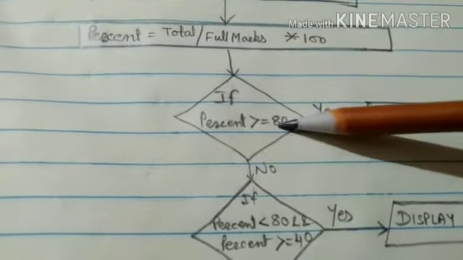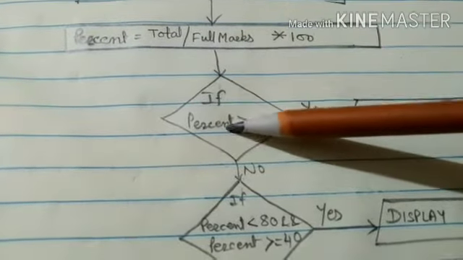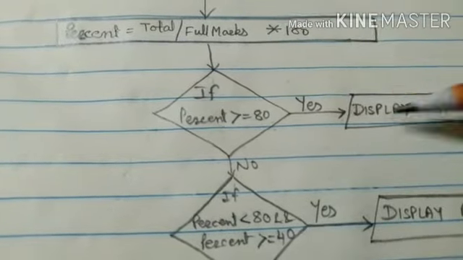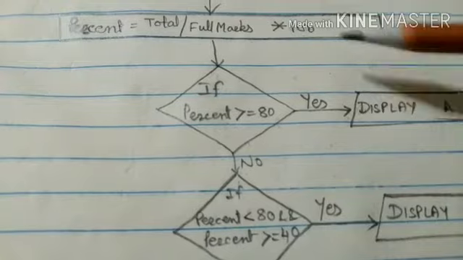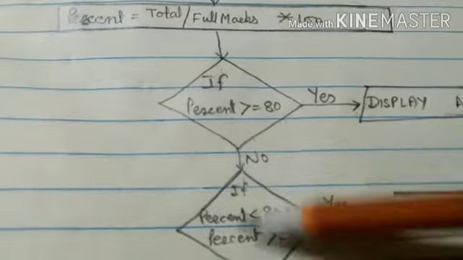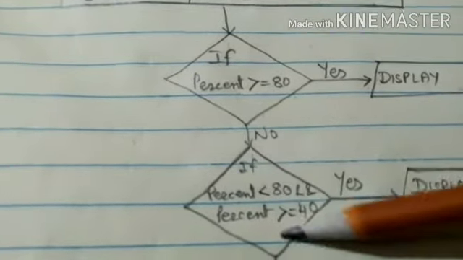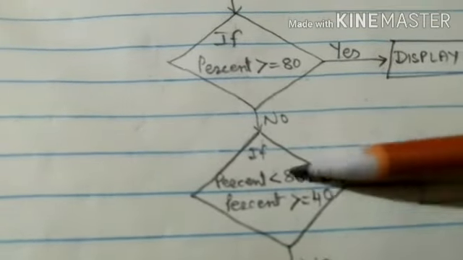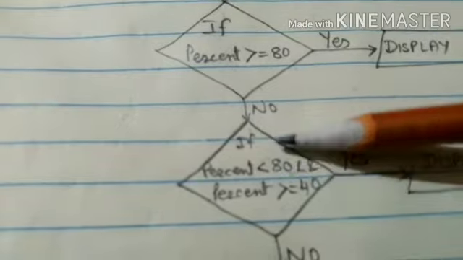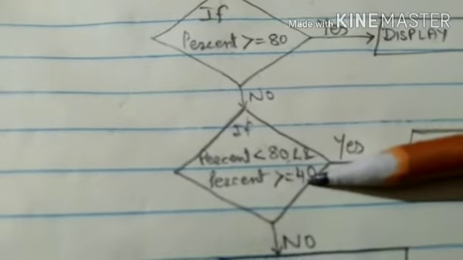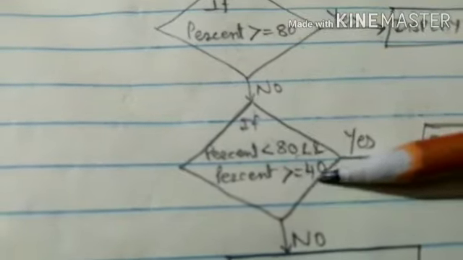If percentage is equal to 80 or greater than 80, if it is yes, then it will display A. Means the range is here 80 and above. If it is no, then it will check again for the next decision, the next conditional box, that is if percentage is less than 80, means the range is 79, and if percentage is greater than or equal to 40, means here the range is 40 to 79.